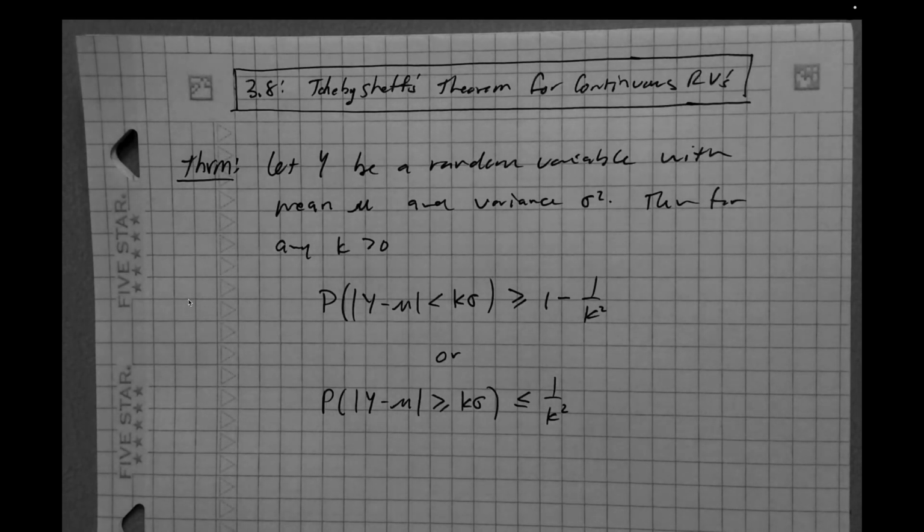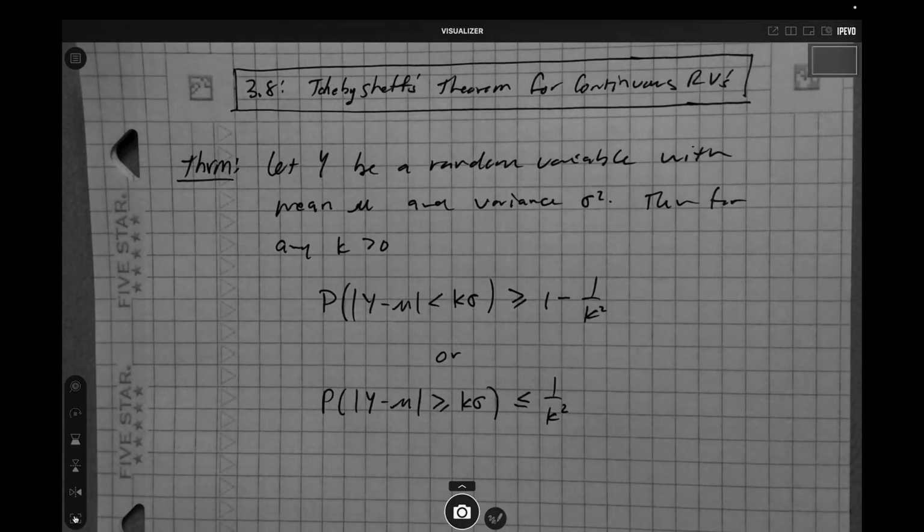Sometimes, given a distribution like the gamma distribution, it may be very difficult to evaluate specific probabilities depending on the parameters. In those instances, if we do know the parameters, i.e. we know the distribution, we can save ourselves a lot of time by using Chebyshev's theorem in place of calculating the explicit probability.